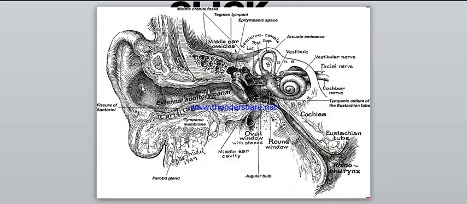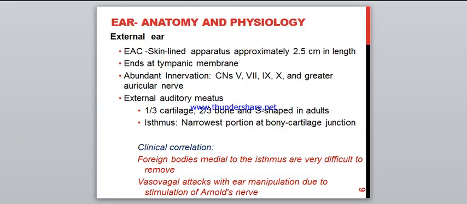This external auditory canal or external auditory meatus has cartilage as well as bone, and it is S-shaped. Okay, this is the picture of the external ear or external auditory canal, and it is S-shaped, up and down. It also has the pinna externally, which directs outside sound into the middle ear, and here in the cut section we have externally the pinna and tragus, and this canal we call the external auditory canal.